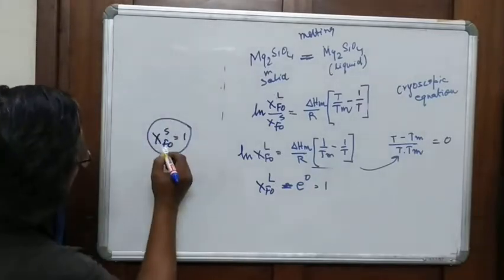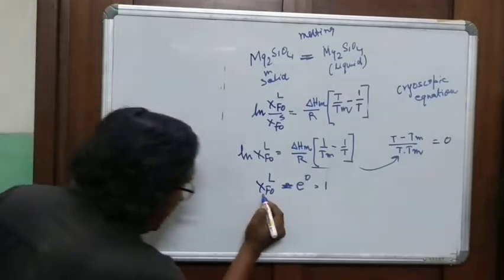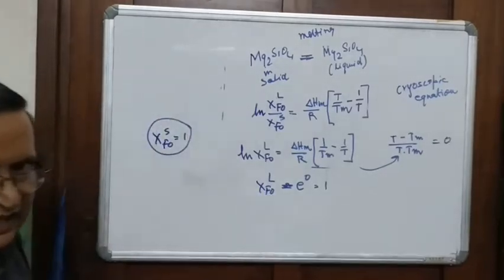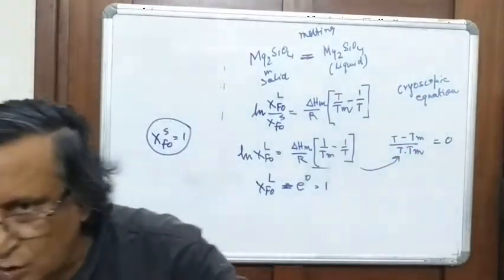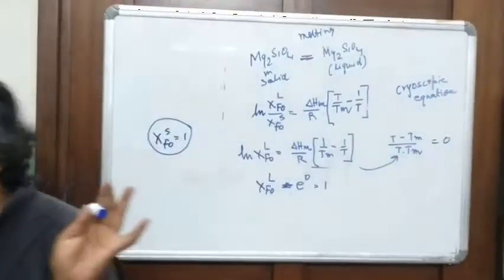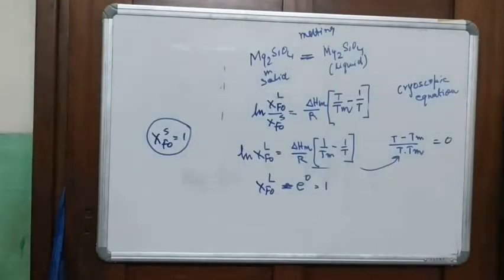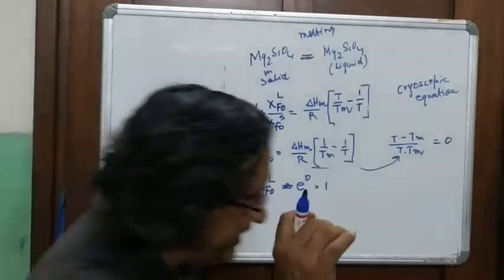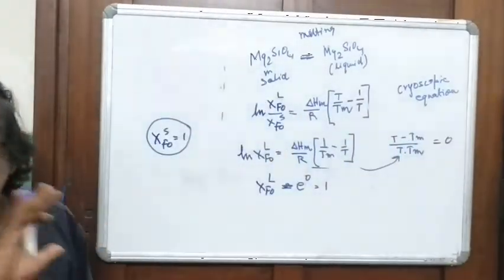So, if you are melting pure forsterite in the solid, you will get pure forsterite in the liquid, but the condition is T is equal to Tm. There is no distinction between the T's. That is very, very important to realize, that there is no distinction between the T's.